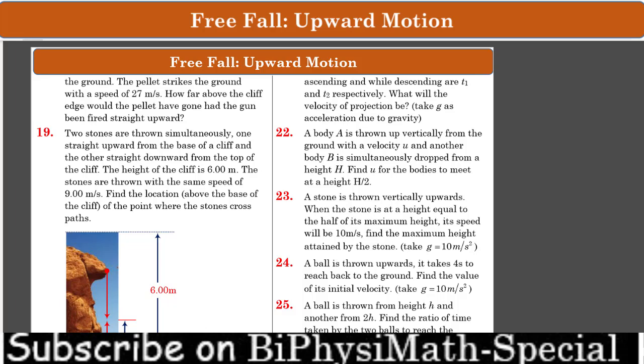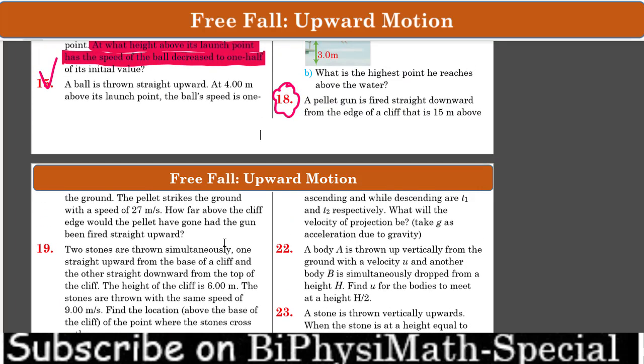How far above the cliff edge would the pellet have gone had the gun been fired straight upward? In other words, if our gun had been fired straight upward, how far above the cliff edge would the pellet have gone?